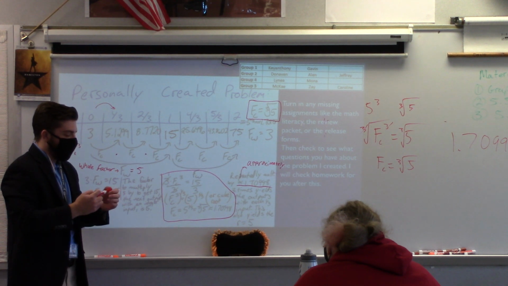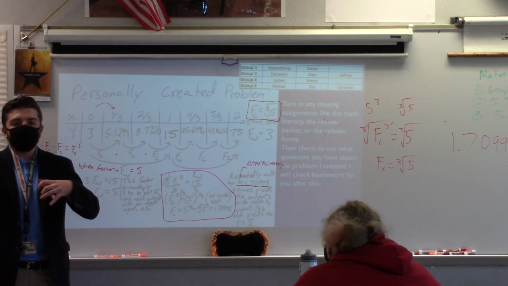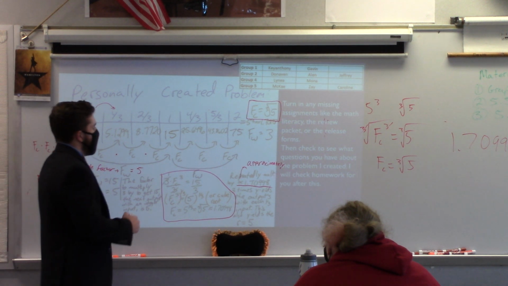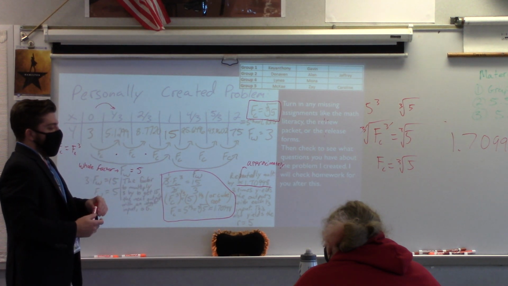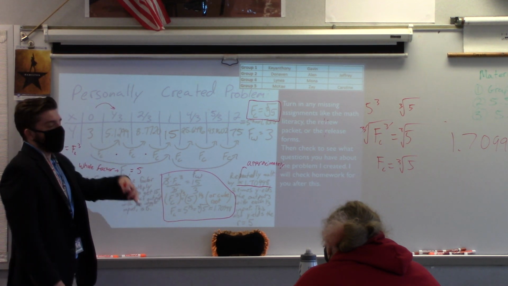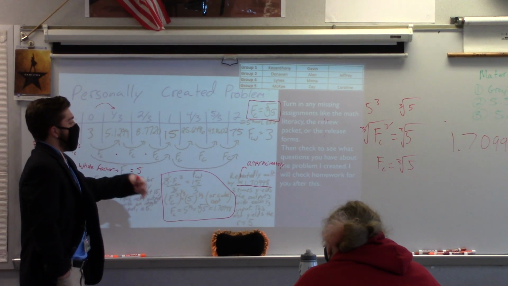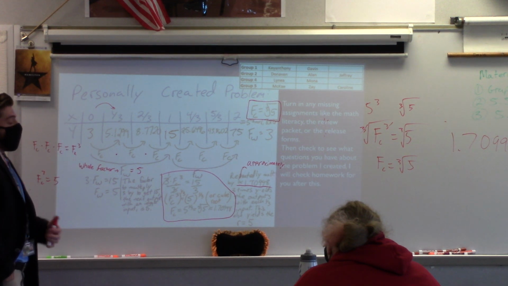So now we have 1.70998. While those two numbers are close in value, they're not exactly the same, which is why this approximately symbol is there, to show that this is close to the exact number. We rounded it, so it's approximately the cube root of 5, or 5 to the 1/3 power.